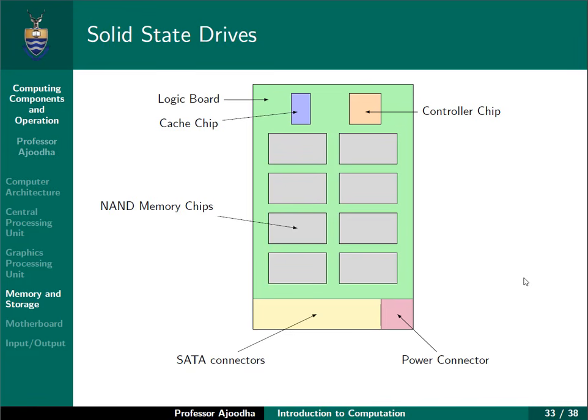Then you have a logic board, where everything actually fits into. You also have a controller chip, which is in charge, making sure that everything talks to each other, and well, as the name implies, it controls the activity of the SSD. And then finally, we have this little cache chip, which allows us to store some information in. So cache, whenever you hear the word cache, it's just another place where you can store information.